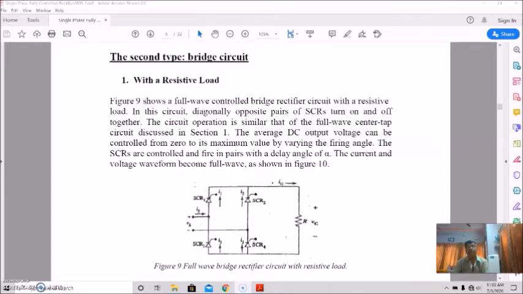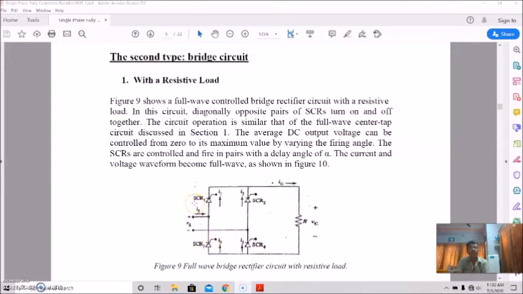So actually this is the circuit, the full wave bridge converter or bridge controlled rectifier circuit with resistive load. Diagonally opposite pairs of SCRs turn on and turn off together. So this is 1, this is 2, this is 3, and this is 4. So 1 and 4, and 2 and 3, will be turned on and turned off simultaneously.